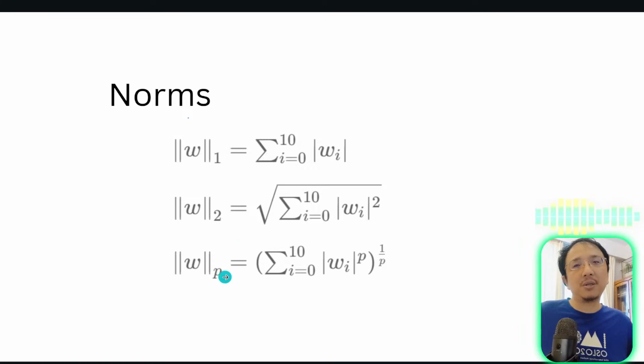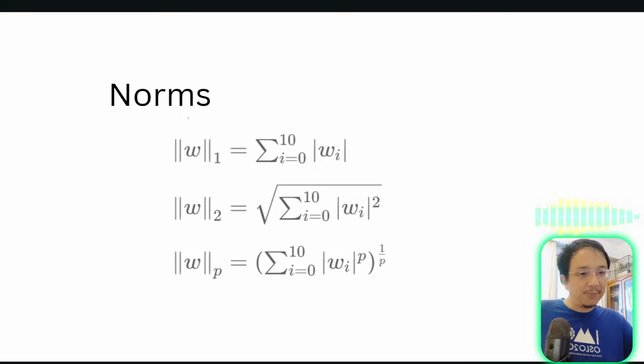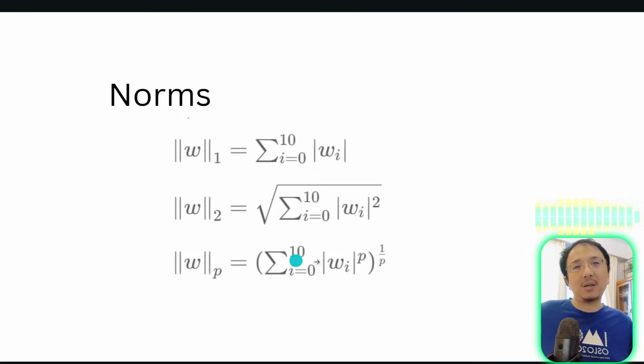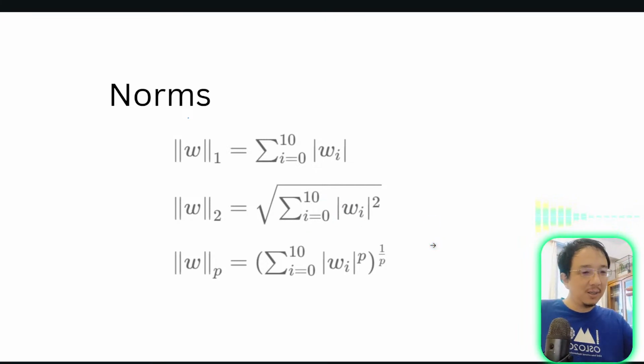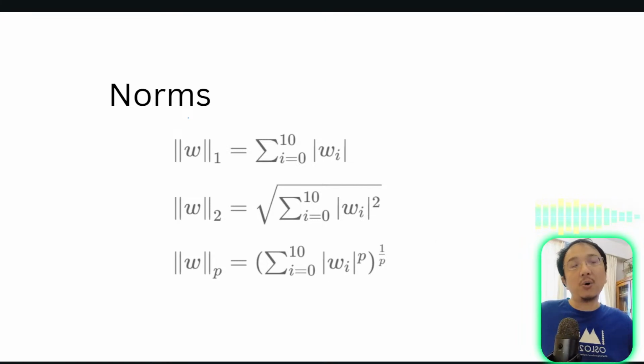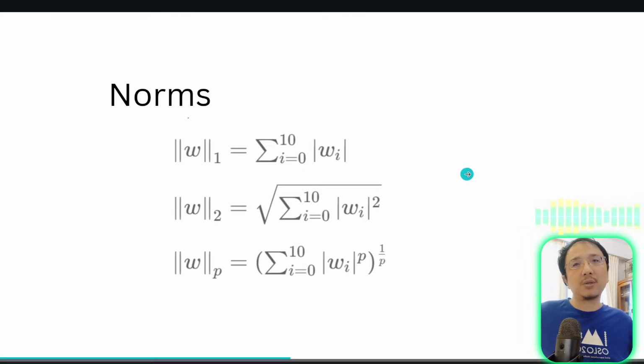If you substitute the P by 1, you'll get a L1 norm. The P can be something like 0.5 or 1.5, or can be the infinity. By using infinity, you take a limit, and it will become the maximum norm. We just pick the maximum element of all the components, the maximum absolute value of the component. So it becomes the maximum norm. So that's the common notations.